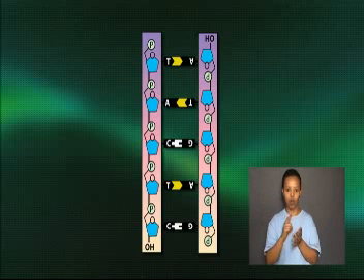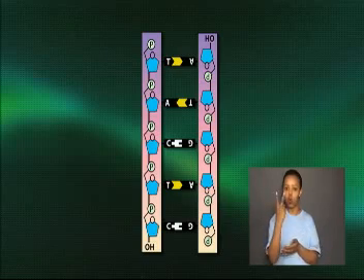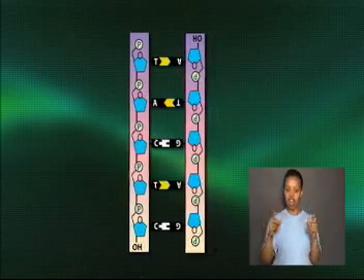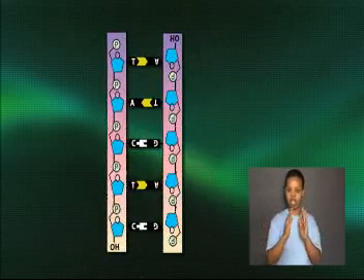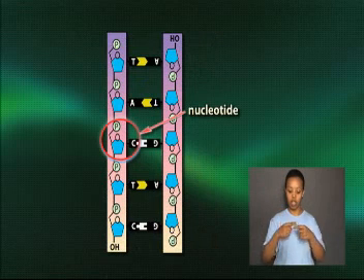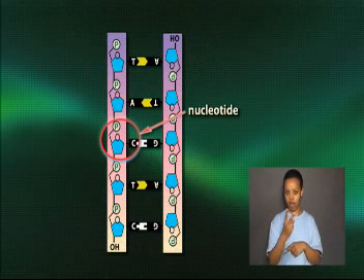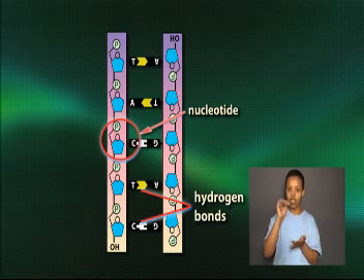Notice how the two strands are anti-parallel, running in opposite directions. This is an example of a nucleotide, and these are hydrogen bonds. Does your diagram look about the same as mine? If so, great job. Teacher, please check the student's diagram after the lesson.